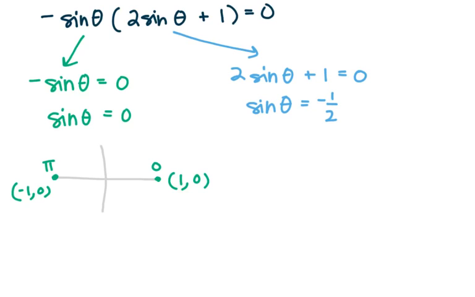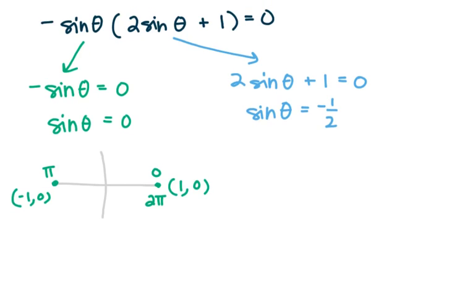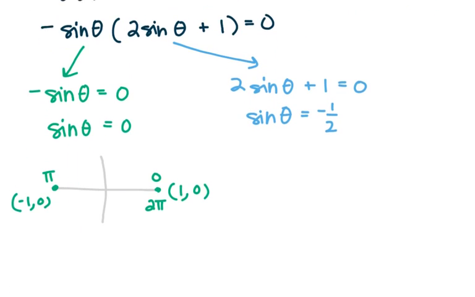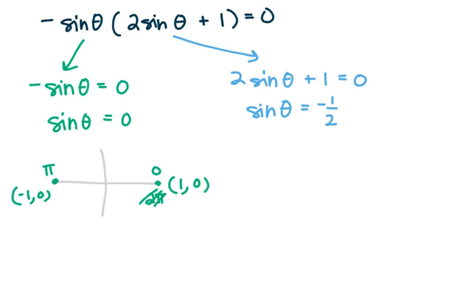So I've got 0 and pi or 2 pi. Now, while we're on this topic, am I allowed to include 2 pi? And because we have that parenthesis, no. So we're just going to say 0. So for this first half, we have theta equals 0 and pi.